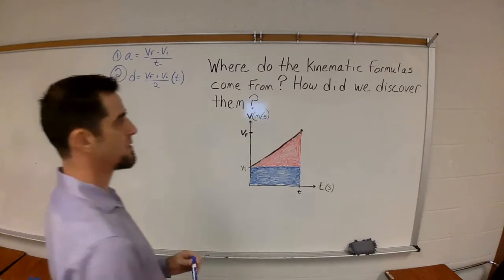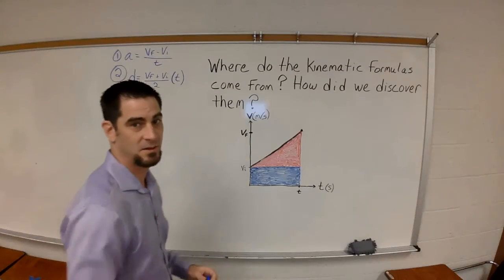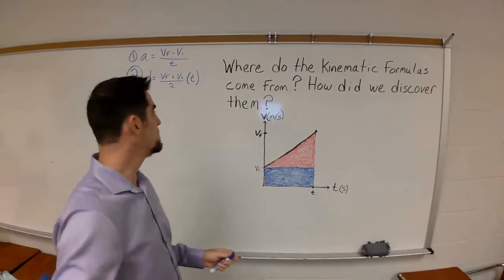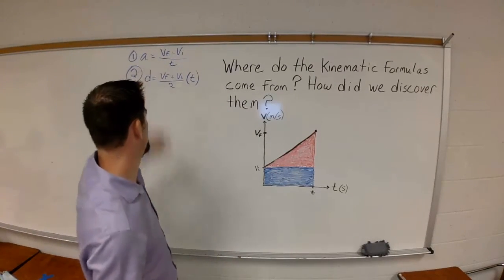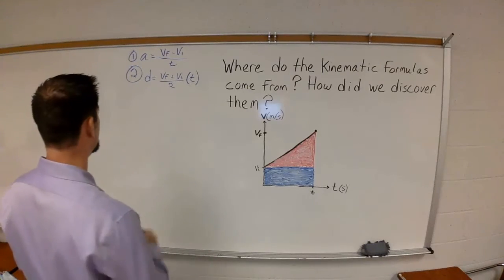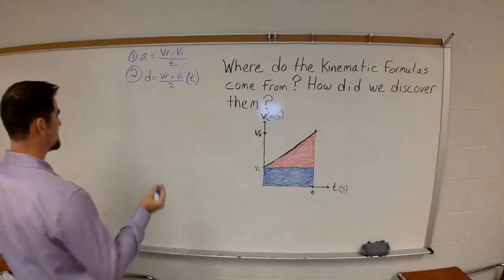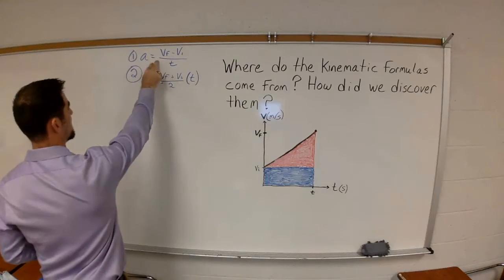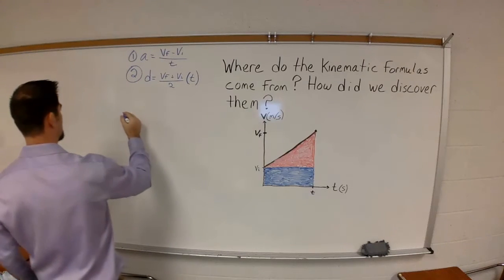We can determine the third kinematic formula using the first two kinematic equations. So I'm going to need to rearrange them a little bit to make it work. Let's take the first formula and solve for final velocity.